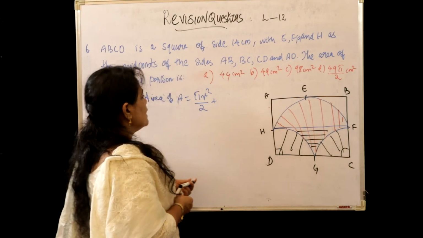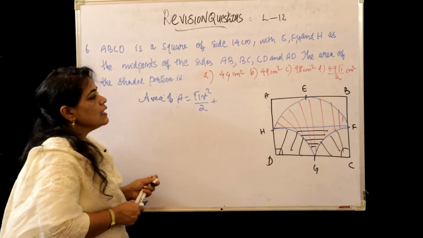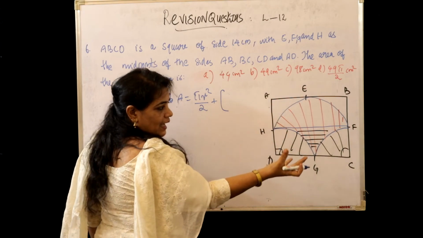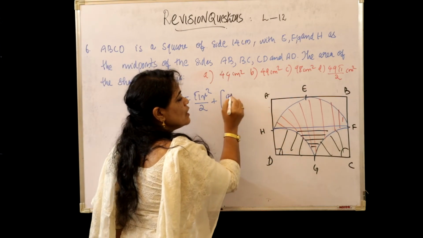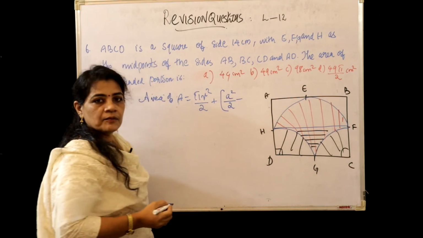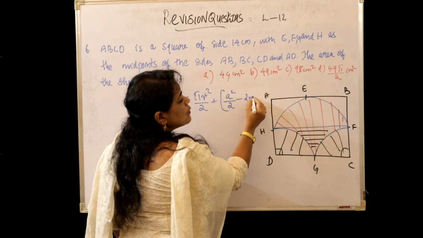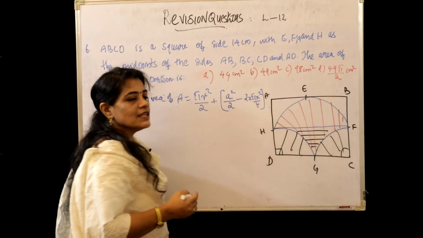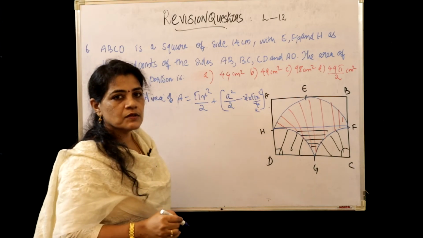For that we can form the equation: we already have pi r square by 2, the area of the semicircle, and along with it we consider the area of half of the square, that is a square divided by 2. From this you have to subtract the area of two quadrants, that is 2 into pi r square by 4. Pi r square by 4 is the area of one quadrant. See children, this 2 and 4 get cancelled 2 times.